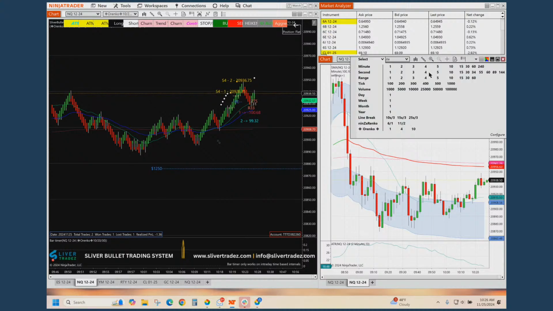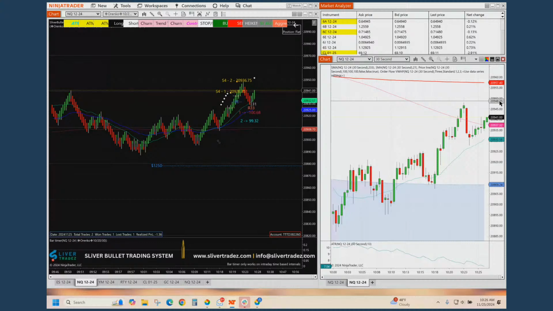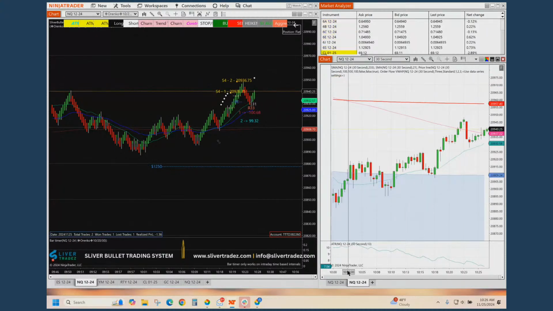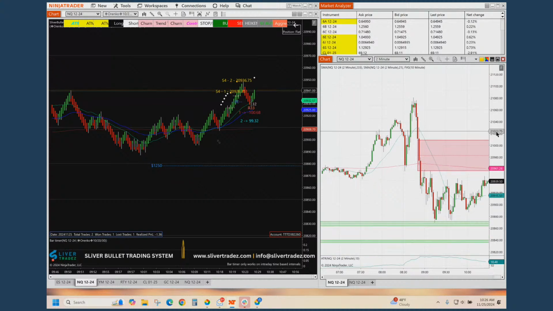See what's happening in the 30-second chart. So on the 30-second it's a nice move to the upside. Yeah, it's a nice upside move.